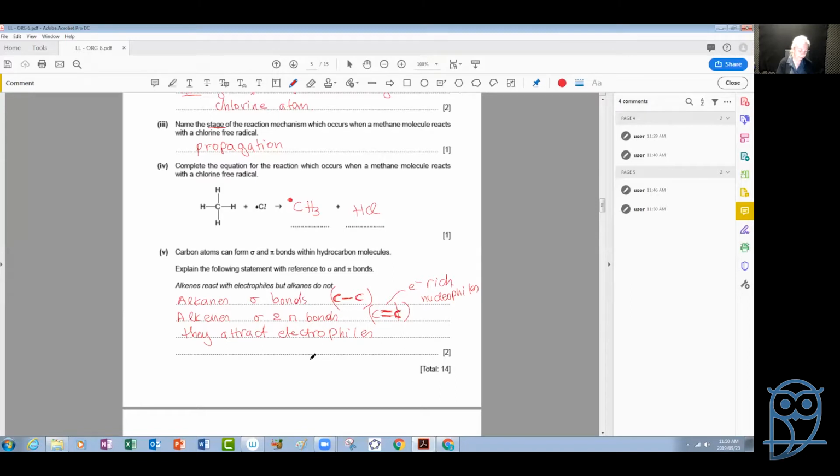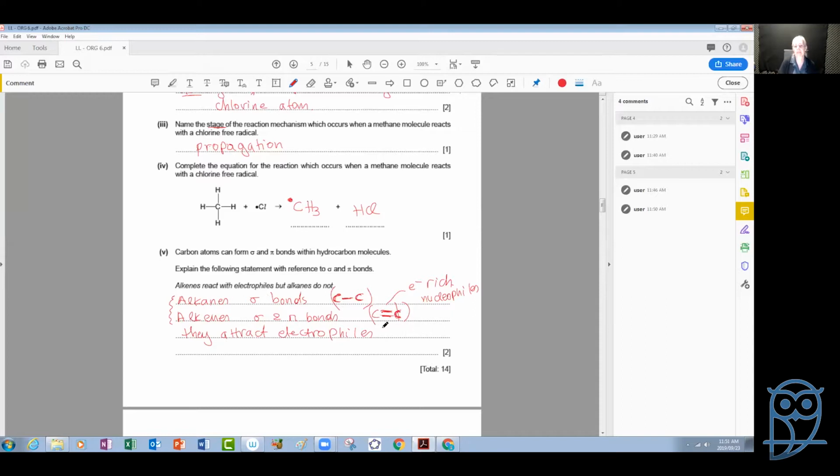And this is what we need to write here. For these 2 marks, we have to explain the difference between alkanes and alkenes in terms of their bonds, sigma versus sigma plus pi, and that the double bond is an electron-rich center and attracts electrophiles.